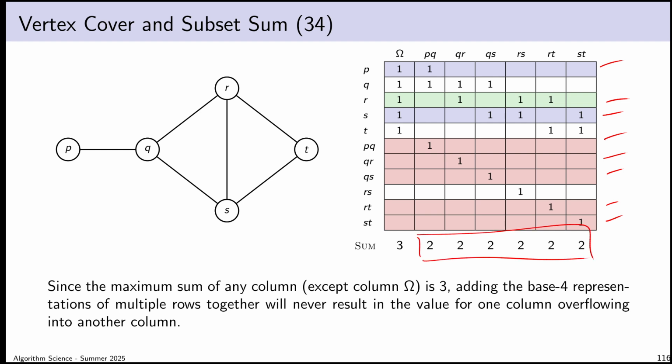There will be no overflow in any of these columns because the maximum sum of the column is 3, which is a valid digit in base 4. Now that said, if I add a bunch of rows together, I could produce a number greater than or equal to 4 in position omega. But if I view this as being the most significant digit, then if an overflow happens in this column, it'll go over to the left, and therefore it won't affect the sum in the other positions.